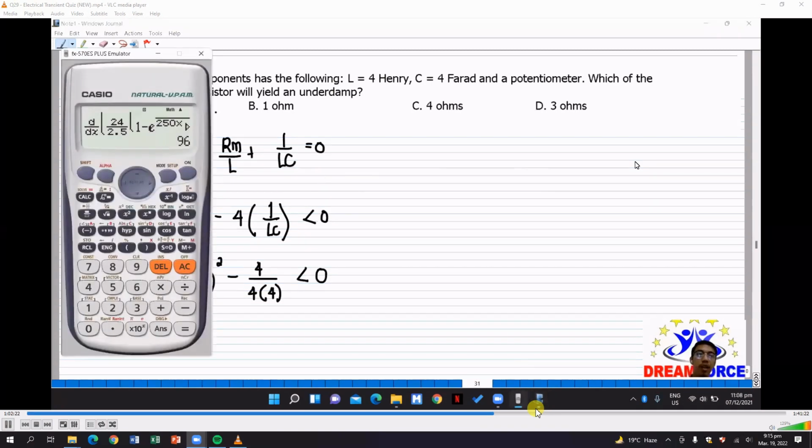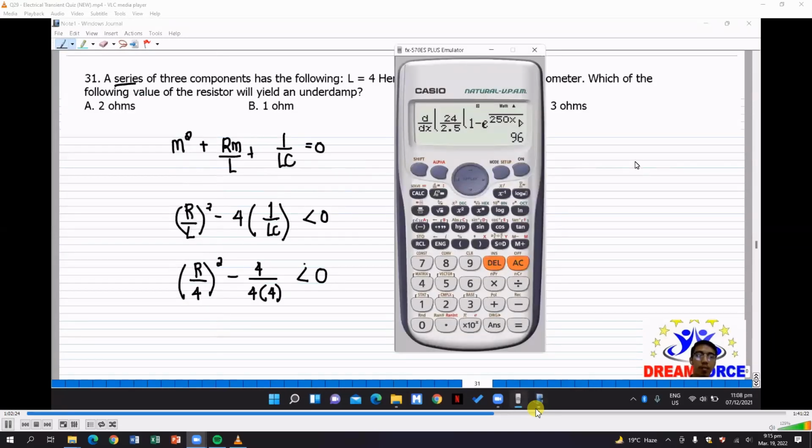So magta-trial and error na lang tayo. Okay, so input natin to. So we have quantity X over 4 squared minus 4 over 16, so maging 1/4 na lang po yan. I-count natin si letter A na 2 ohms. Is that less than 0? No, this is critically damped.